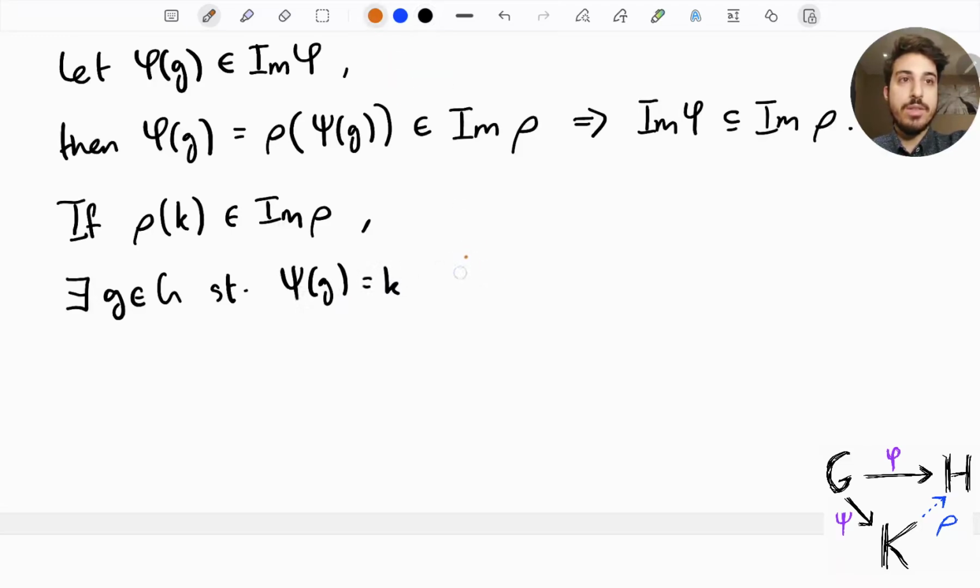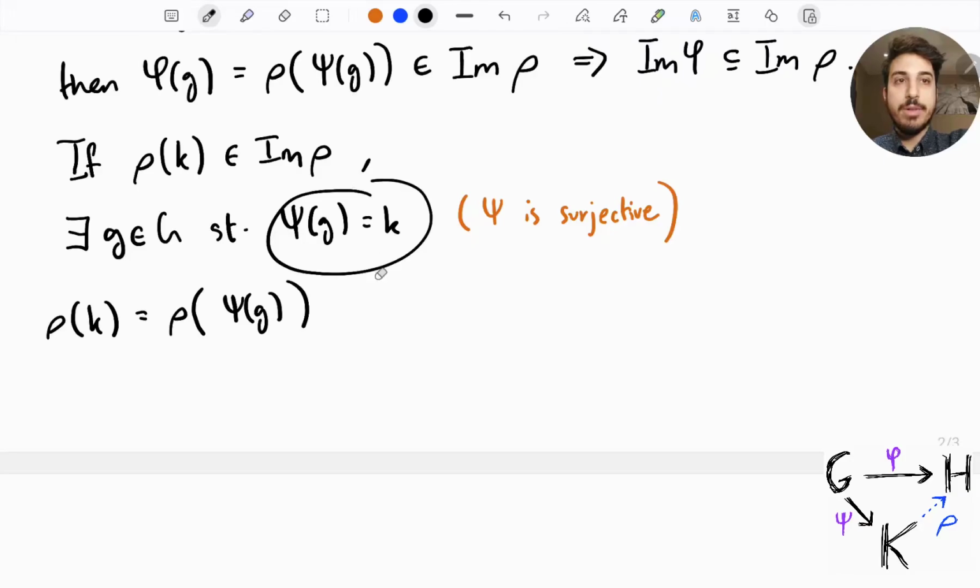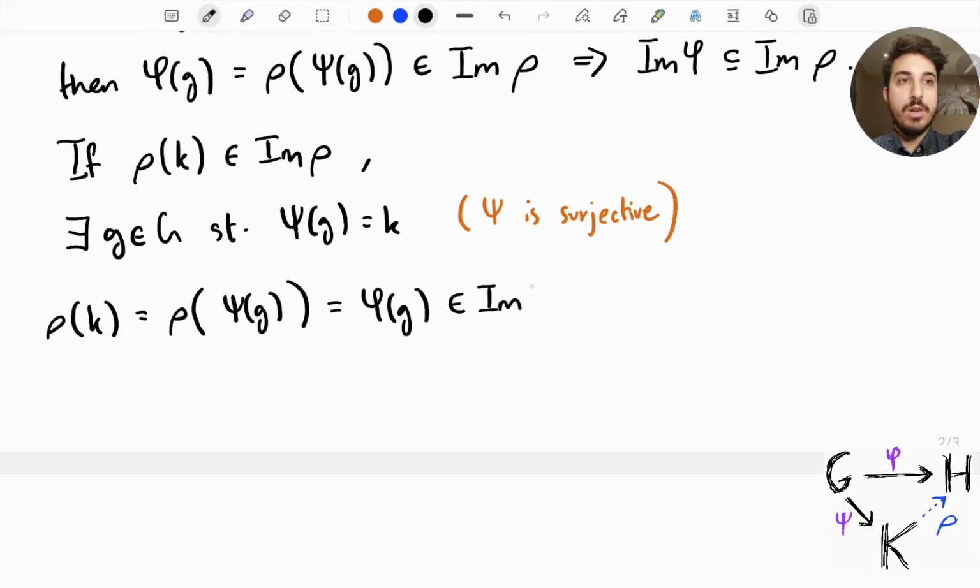This is because psi is surjective. So if we have a look at rho of k, that's going to be rho of some psi of g, as per the definition here. And this is equal to phi of g.